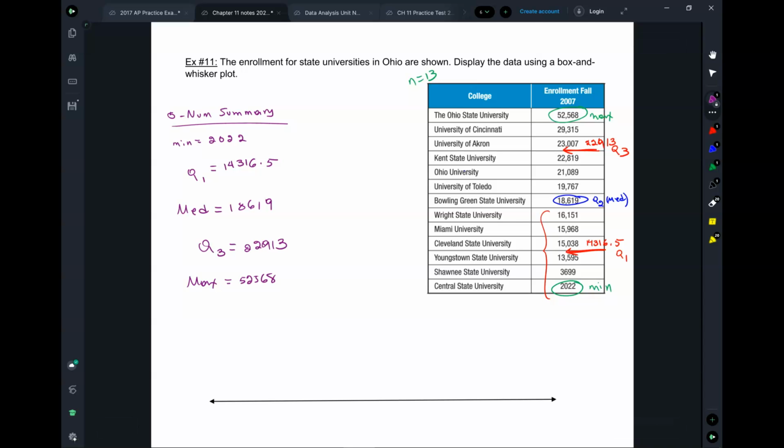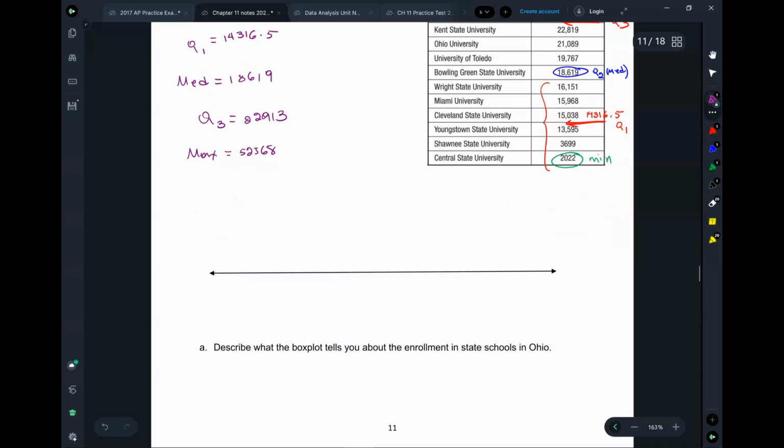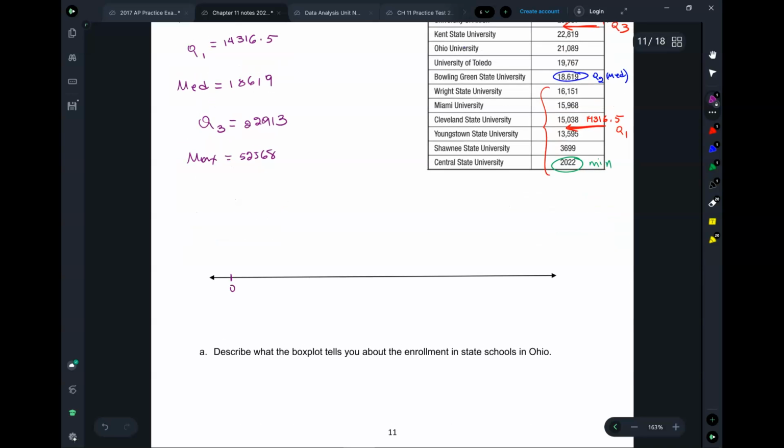Now, to make your box plot, you need a number line. And the number line has to include the minimum and the maximum. So it's up to you where you want to start and where you want to end, but you have to go in equal increments. So for this one, why don't we start at 0, and I'm going to go up by 5,000s here. So 5, 10, 15, 20, 25, 30, 35, 40, 45, 50, 55, 60.